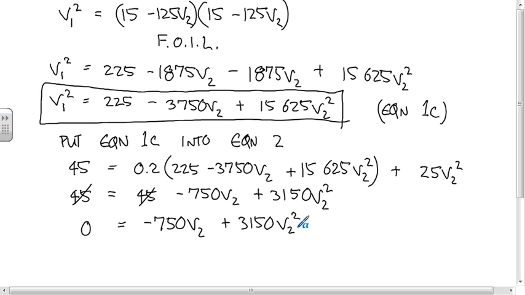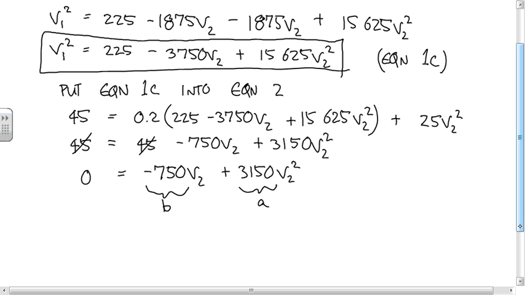Just use the quadratic formula. This is A, this is B, and so you get v2 is equal to 0 or 0.238 meters per second.